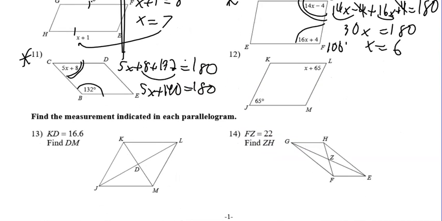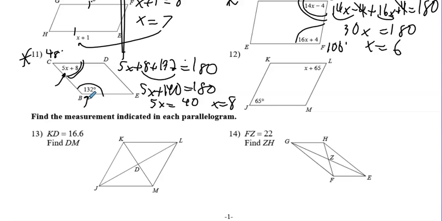If I subtract 140, I get 5x equals 40. And if I divide by 5, x equals 8. And again, I can plug 8 in right here. 5 times 8 is 40. 40 plus 8 is 48. So this angle here is 48. And if I add that to 132, I get 180.